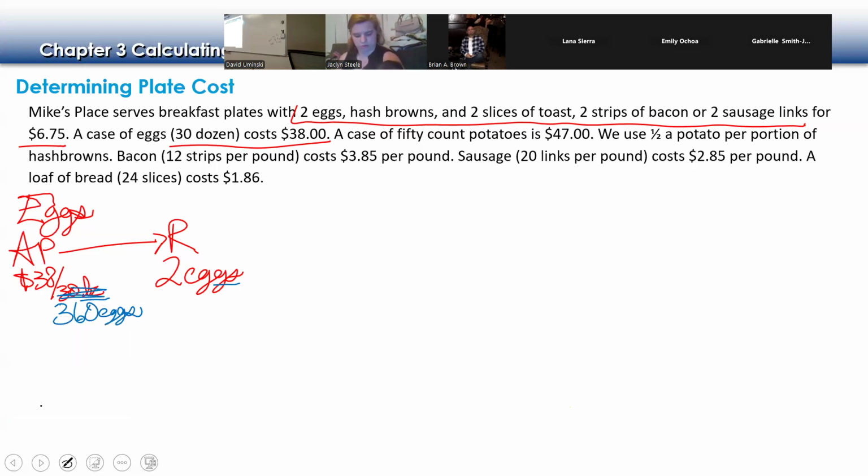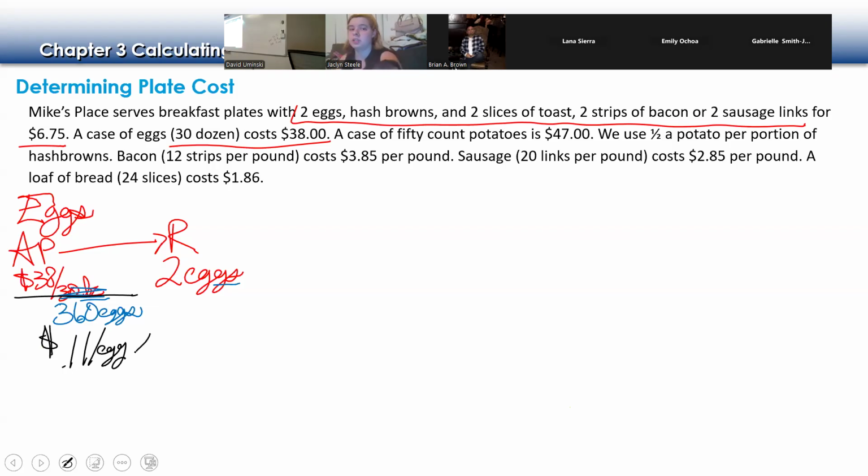I'm going to divide $38 by 360 eggs. Let me get my calculator so I can do the math along with y'all. 38 divided by 360 gives me 11 cents per egg.